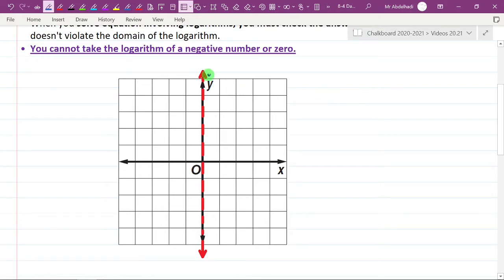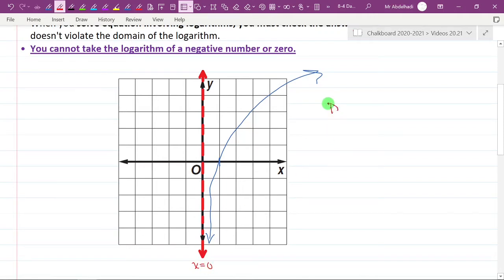And you saw that your graph would start low, go through 0, 1, and then curve off like that. What this means is that this logarithm's x's always stay on the positive side of this red line here. This red line is called x equals 0.